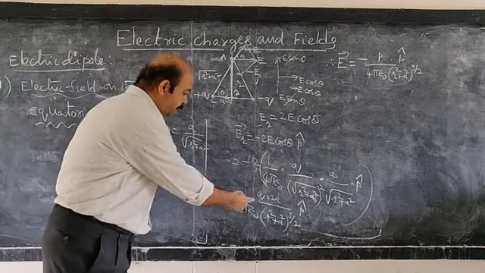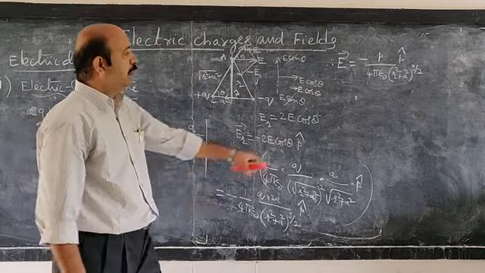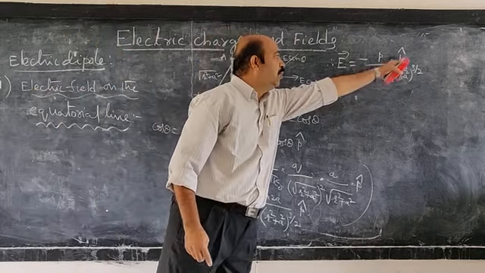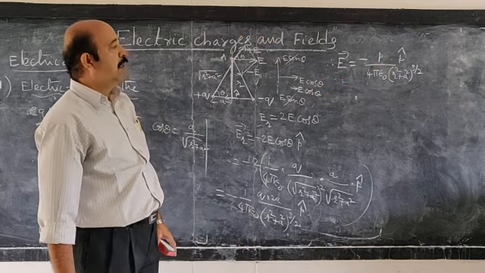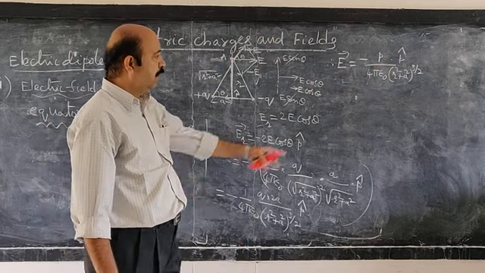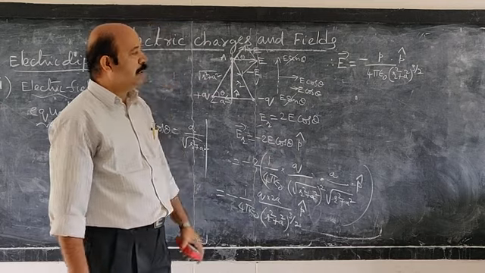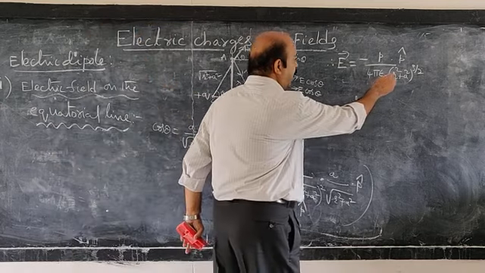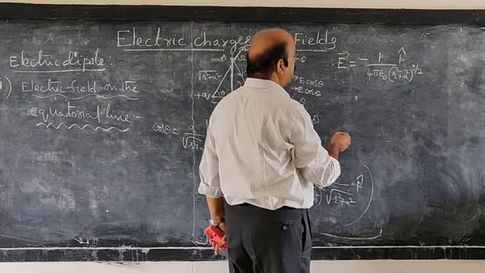In place of q into 2a, I have written the dipole moment, and this is the unit vector in the direction of the dipole along the axis.